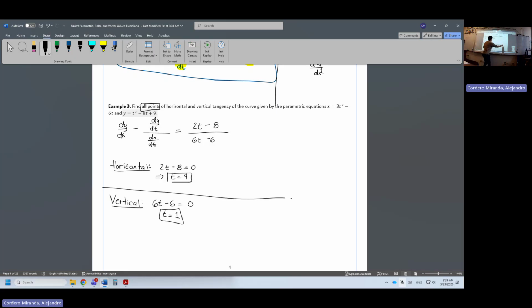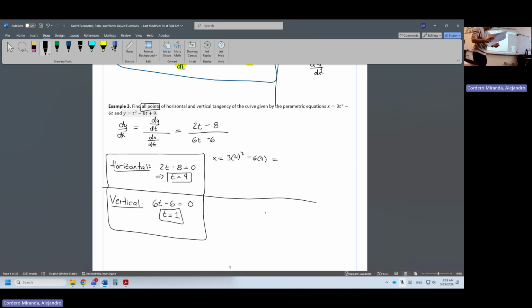So let me organize this a little better. There's me doing some work to find out the t values, and then here's me finding the x and y coordinates. So that would mean x is 3 times 4 squared minus 6 times 4, which is, I don't know if I'm going to do that in my brain. I will check my key and get 24.